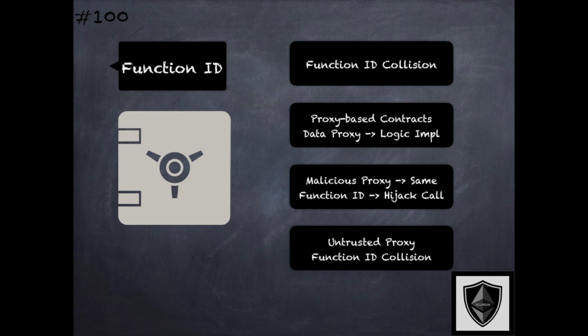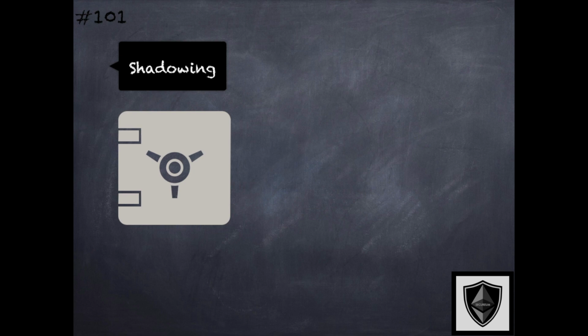So the best practice here is to pay attention to the proxy, any trust assumptions related to the proxy and implementation contracts, and to check if the proxy has or can declare a function whose ID might collide with one of the implementation contract functions.